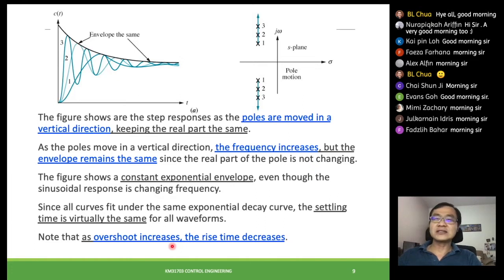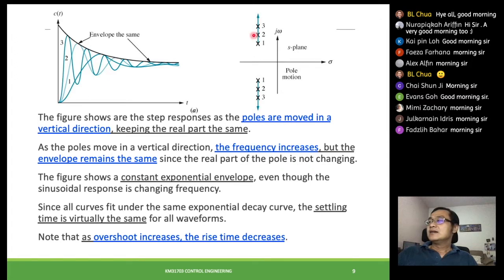So we will just go directly to this visual part. As we can see from these pole positions, points 1, 2, and 3, the poles 1, 2, 3, whether at the upper part or the lower part of the S-plane. If we move these pole positions from points 1, 2 and 3 vertically, how would it affect the performance?